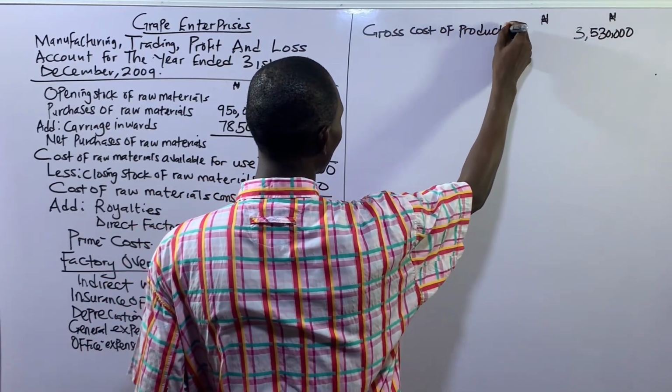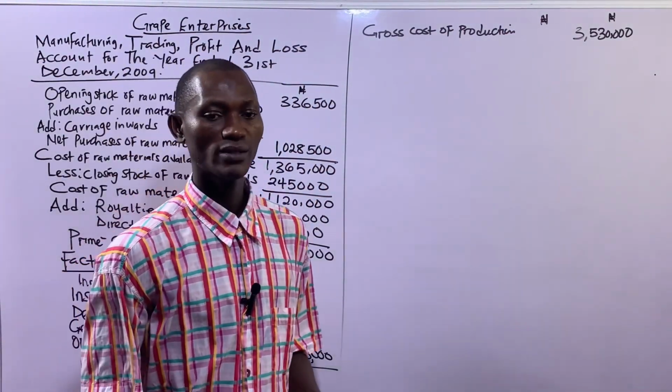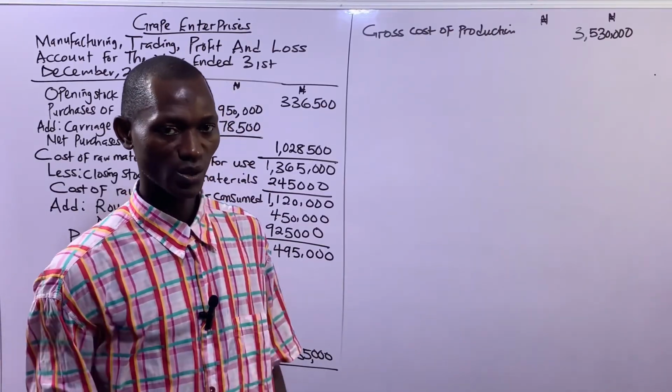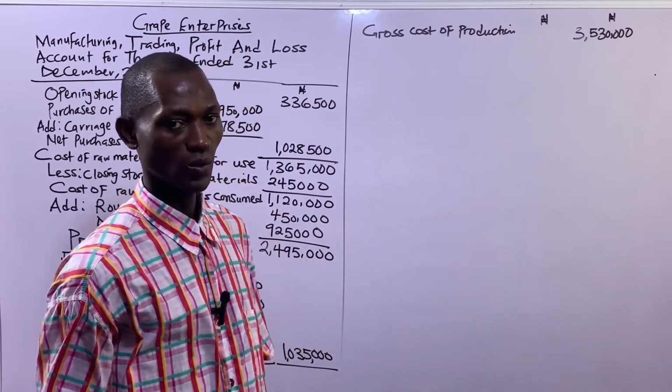This should have been our cost of production, but we did say in a manufacturing concern, there is usually work in progress, at opening and at closing. So we have opening work in progress and less closing work in progress.